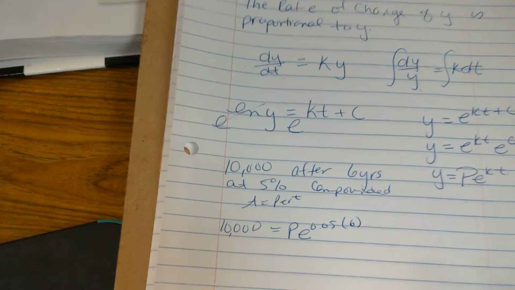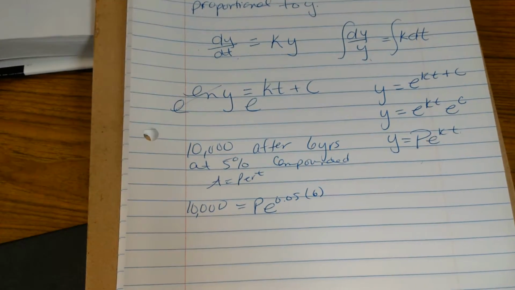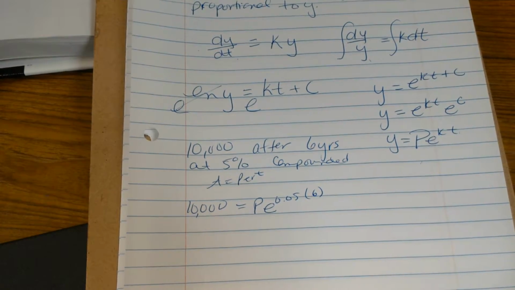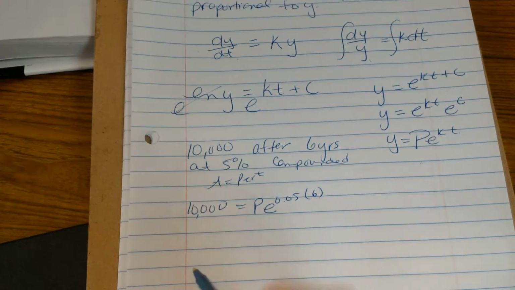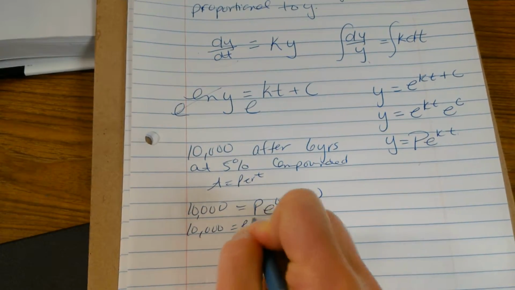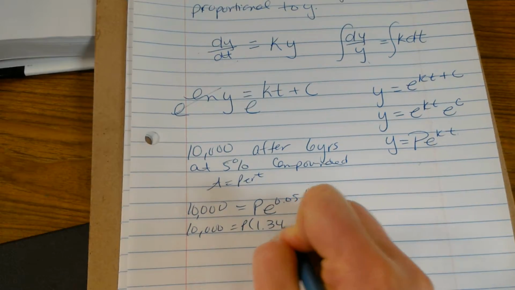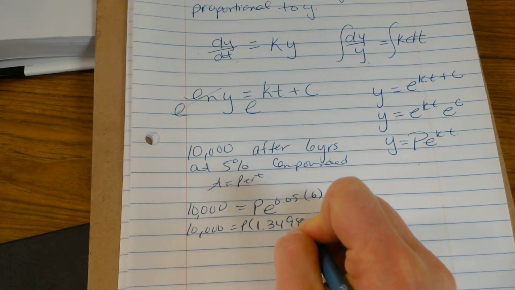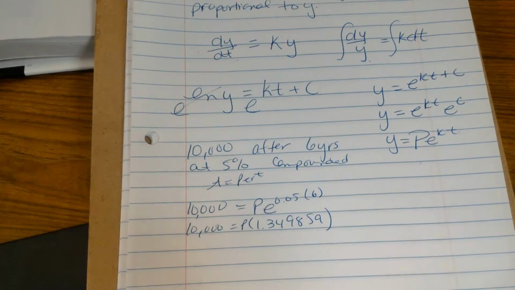So I'm going to grab a calculator. And see what is e to the 0.05 times 6. And I get 1.34985.